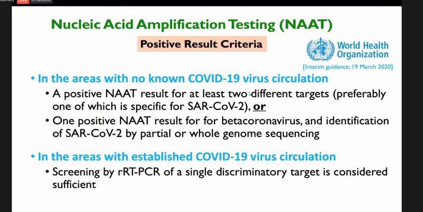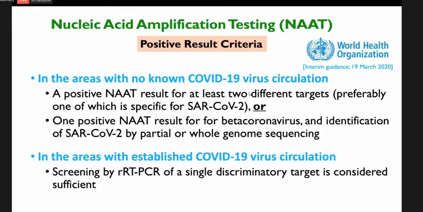To consider a case as positive in an area with no COVID-19 virus circulation, one of these two conditions needs to be met. First, a positive NAT result for at least 2 different targets of the COVID-19 virus genome, of which at least one target is preferably specific for COVID-19 virus, or one positive NAT result for the presence of beta coronavirus and COVID-19 virus further identified by sequencing partial or whole genome of the virus.